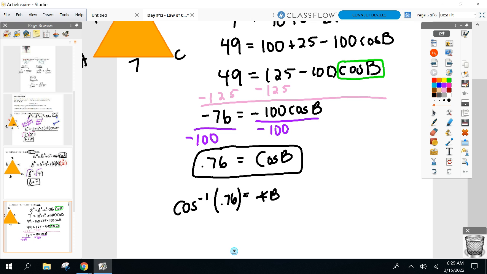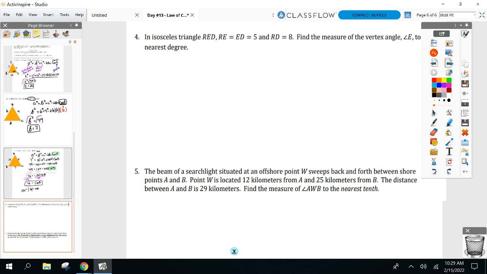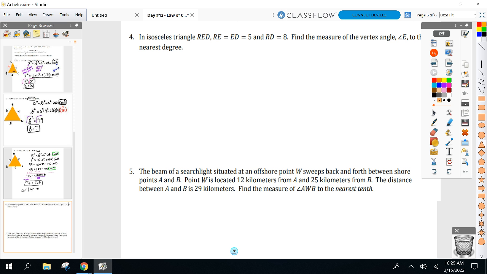I ask you that because that's exactly what I'm going to do on the next problem, actually ask you what the angle is. Okay, so let's go to the next one. We got isosceles triangle red.